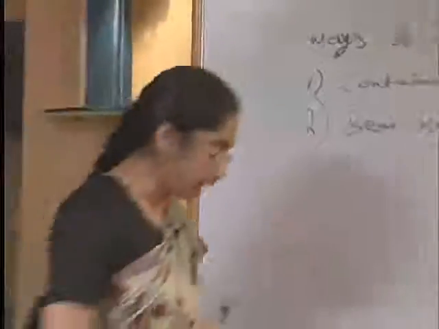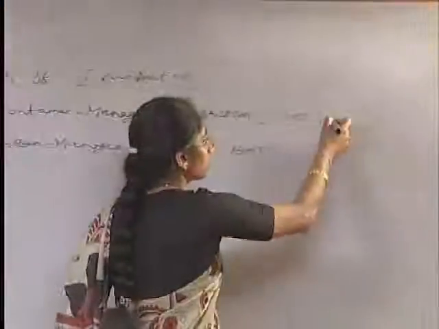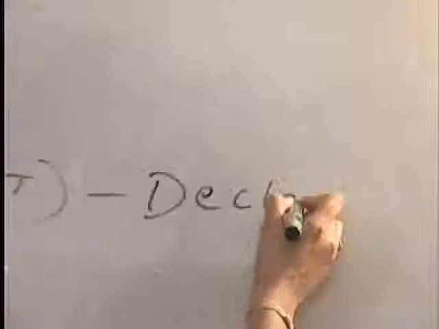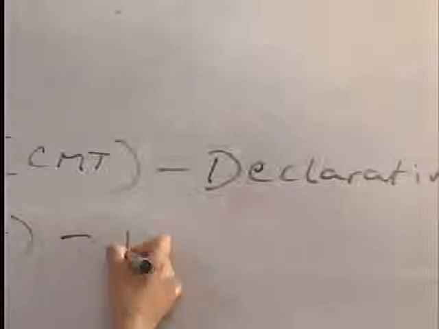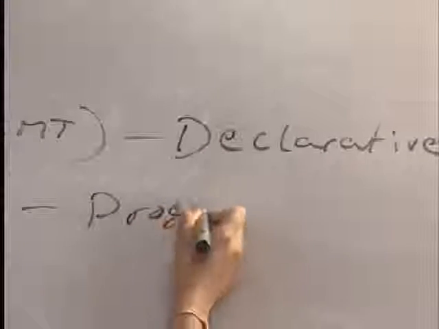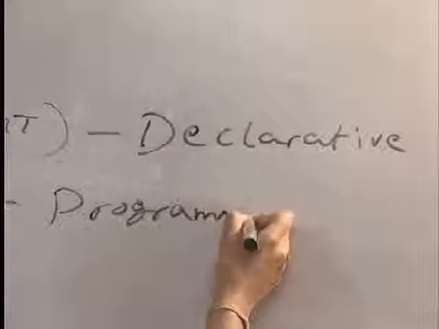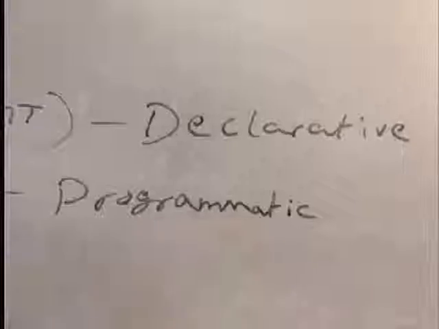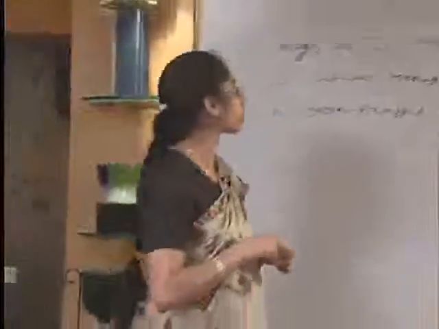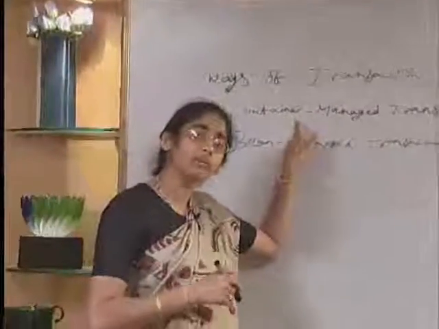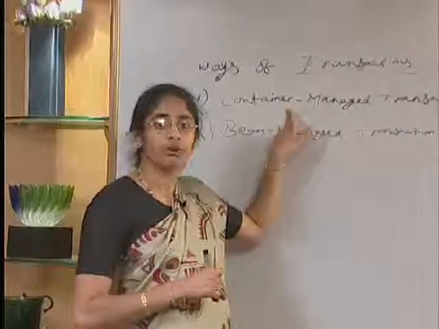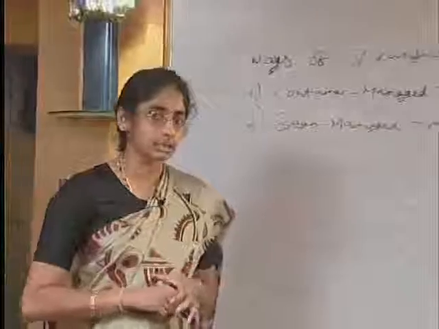A container managed transaction is also known as a declarative method, whereas a bean managed transaction is a programmatic method of handling transactions. CMT can be used for all the different types of beans.